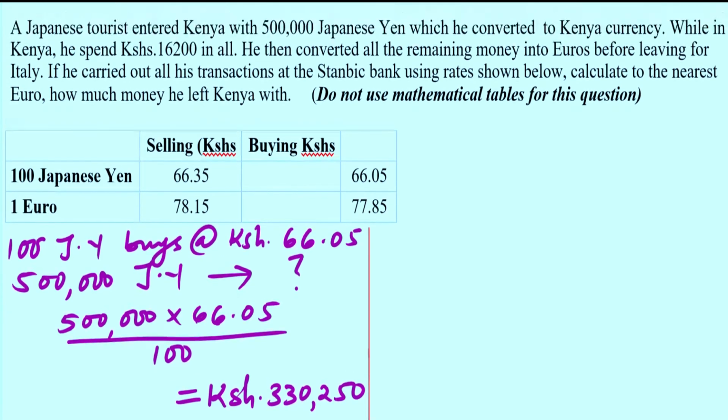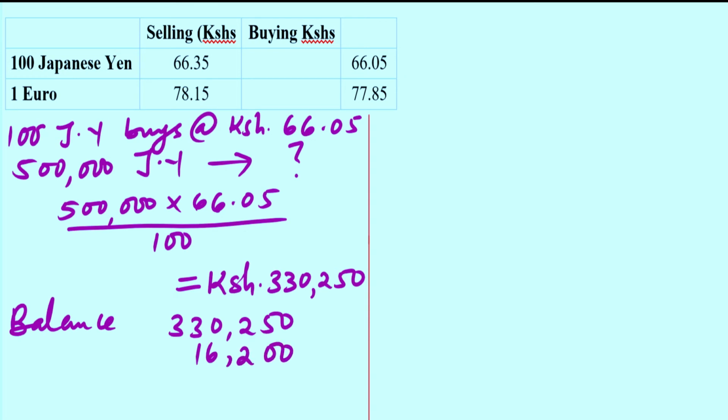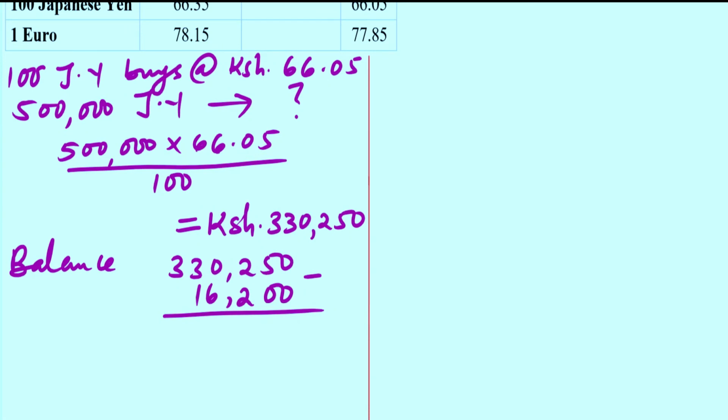The next statement: in Kenya he spent 16,200 in all. So we want to calculate how much money this person was left with. To obtain the balance, we take the amount of money in Kenyan shillings that this person has, then subtract the 16,200 shillings spent to get the remaining money.